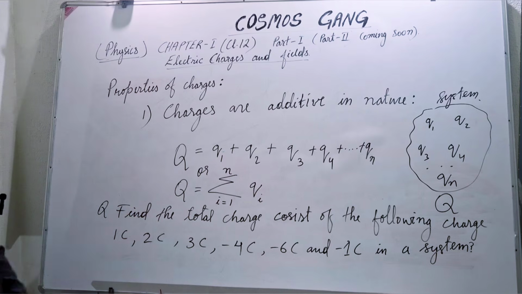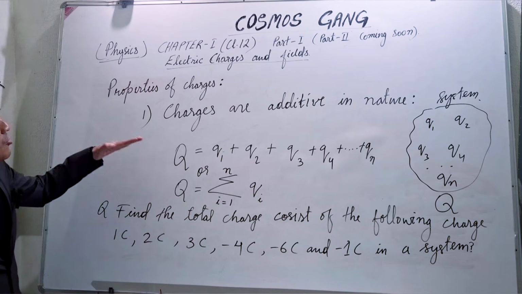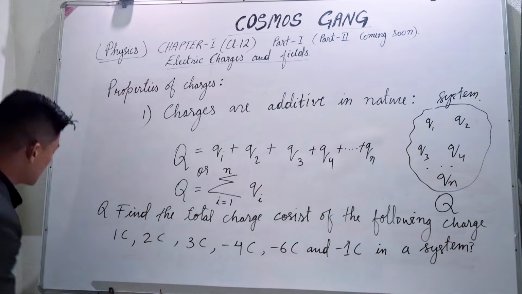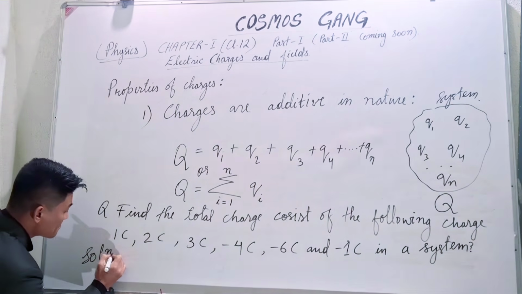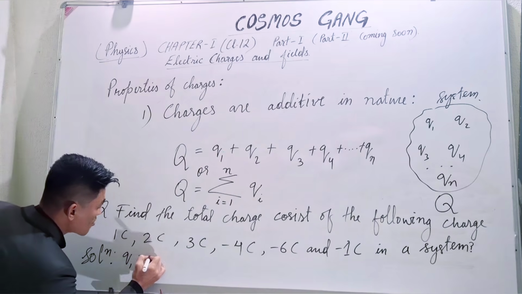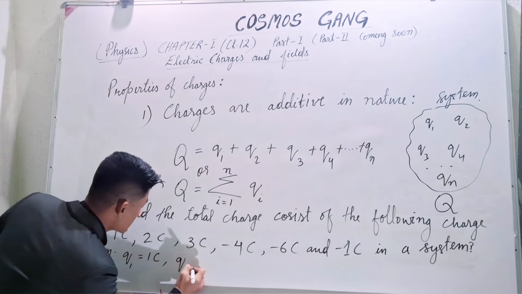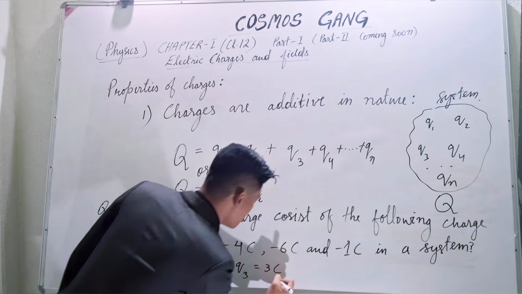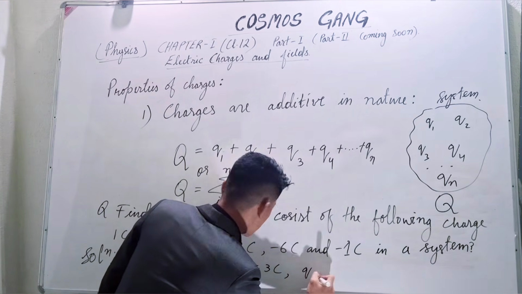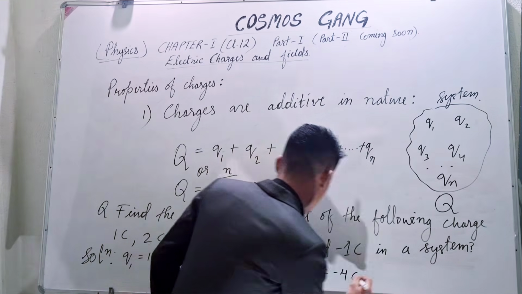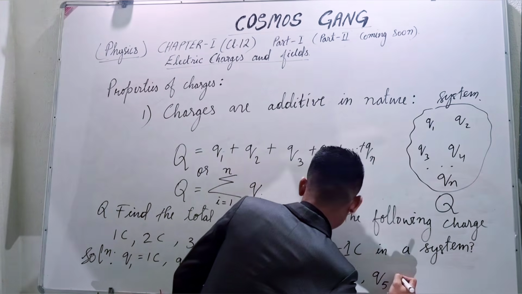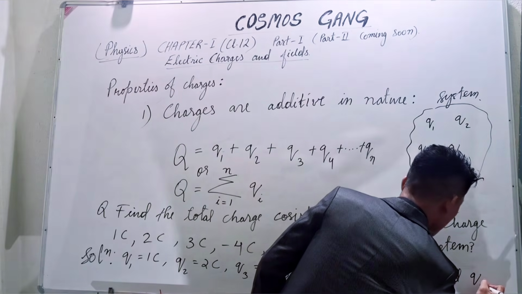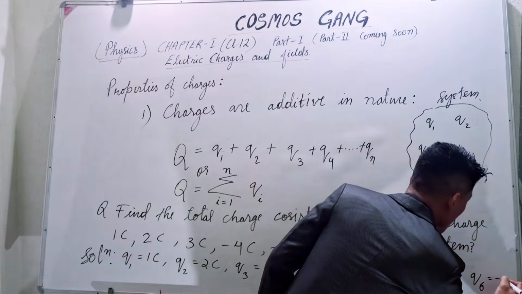To find the total charge in the system, I'll use the first property, that is, charges are additive in nature. The solution is going to be here Q1 equals 1 coulomb, Q2 equals 2 coulomb, Q3 equals 3 coulomb, Q4 equals minus 4 coulomb, Q5 equals minus 6 coulomb, and Q6 equals minus 1 coulomb.